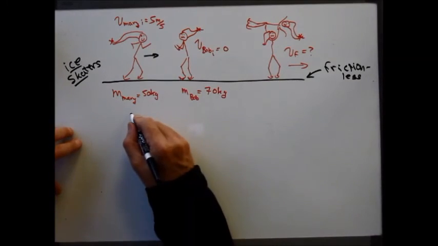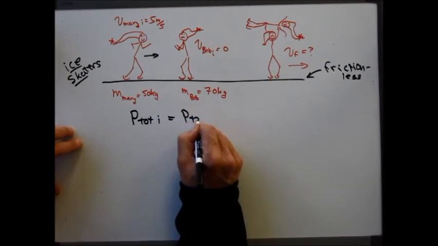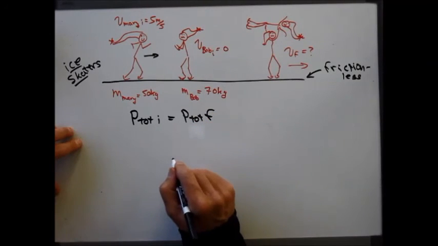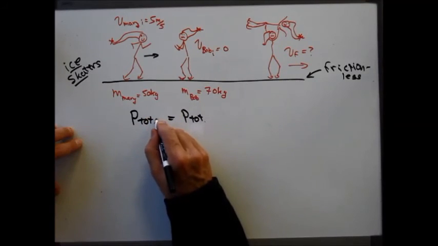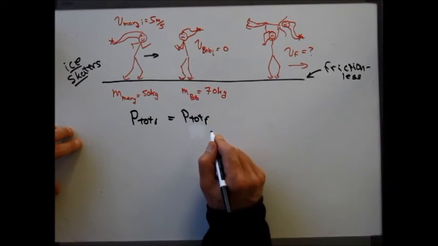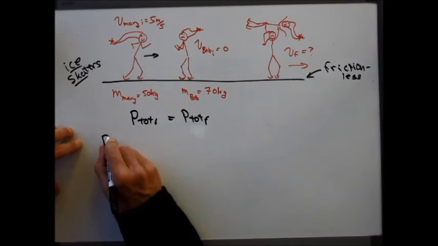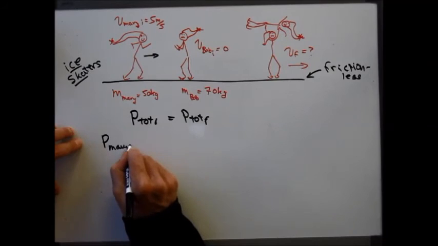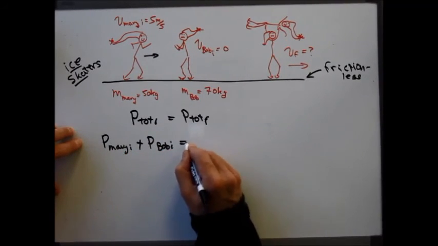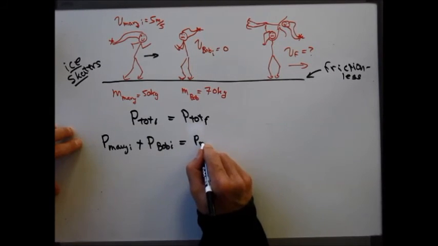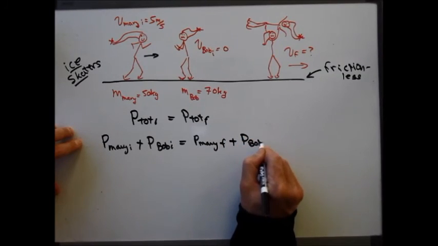So what we can say is P total initial is equal to P total final. That's really all we know. Let me make a smaller f and a smaller i. And so our initial momentum is P Mary initial plus P Bob initial. And we're saying that's equal to P Mary final plus P Bob final.